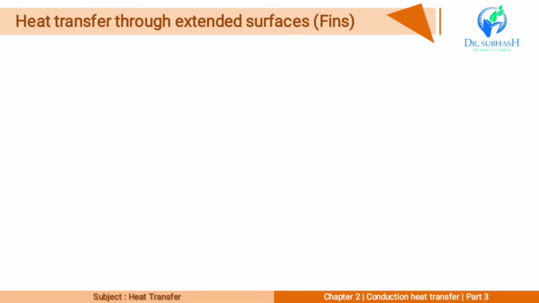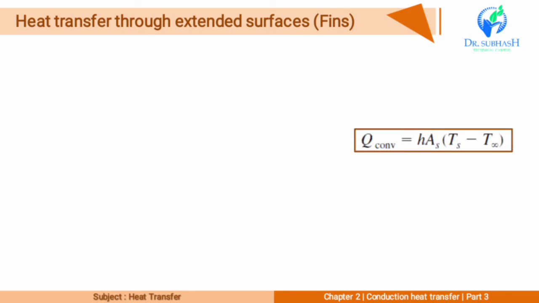Now let's learn our next topic, heat transfer through extended surfaces, fins. The rate of heat transfer from a surface at a temperature Ts to the surrounding medium at T infinity is given by Newton's law of cooling: Q convection is equal to h As into the temperature difference Ts minus T infinity, where As is the heat transfer surface area and h is the convective heat transfer coefficient, when the temperatures Ts and T infinity are fixed as per the design.